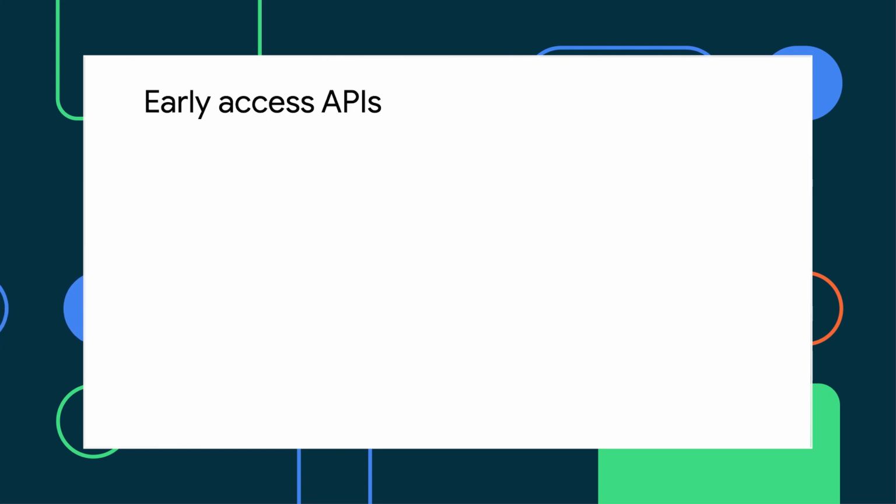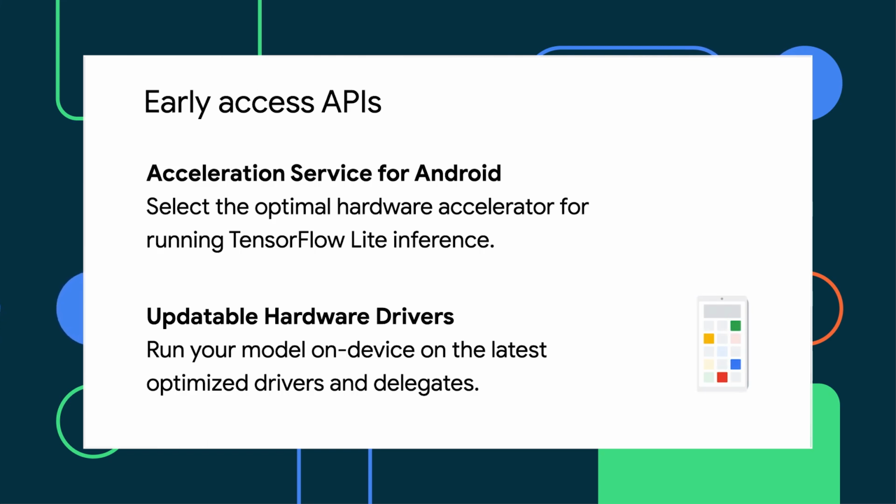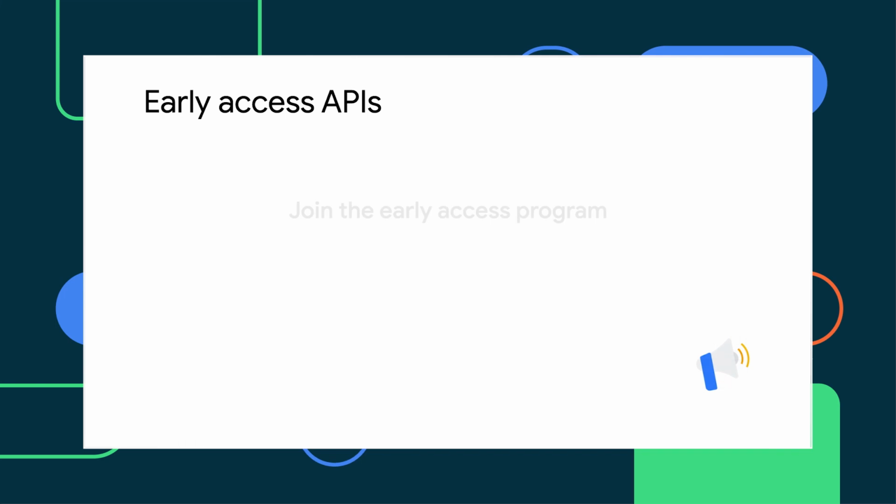For example, we are building an on-device functionality that will let you identify the optimal acceleration hardware for your model between CPU, GPU, DSP, digital signal processor, or NPU, neural processing unit. We are also working on making the delegates and drivers updatable so your model is always running on the latest and greatest without any changes on your end.